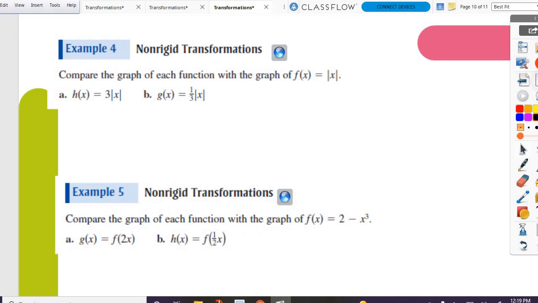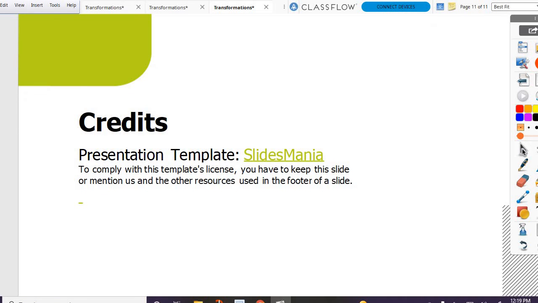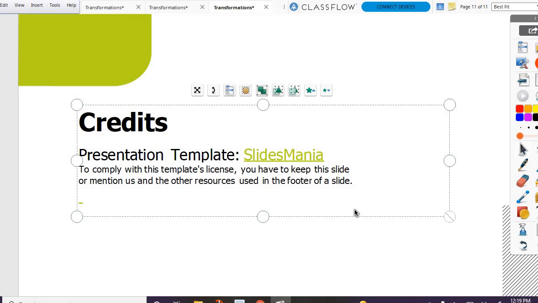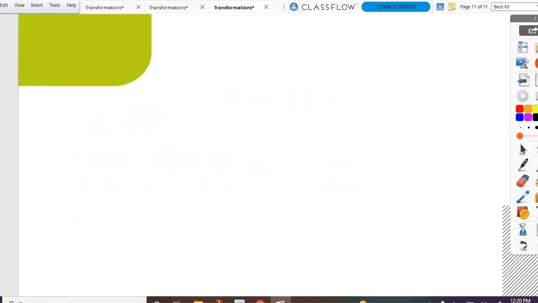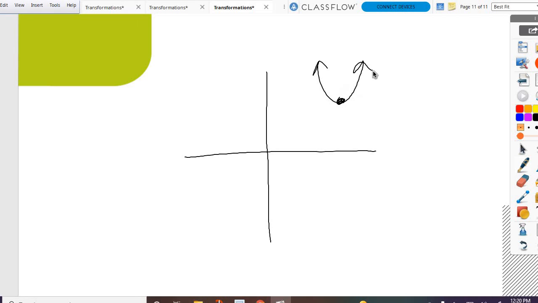Alright, I did want to look at one last example. Let's say I have a graph, it's a quadratic graph, and I told you that this point is at 2, 3.